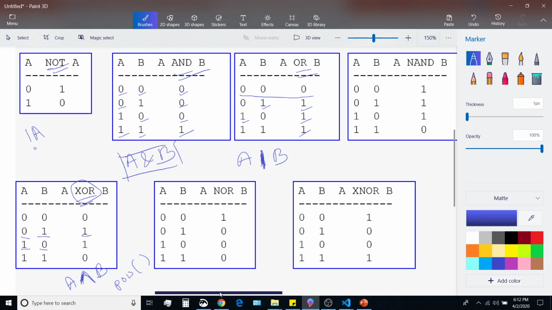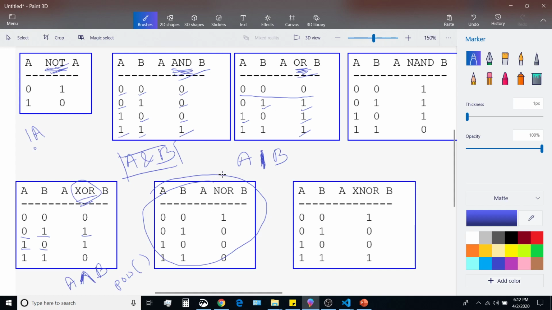So the shortcut I'm going to show you is going to be using not, and, or, these three. You will be needing these three. So let's take a look at this, a NOR. So this is not exactly like OR.